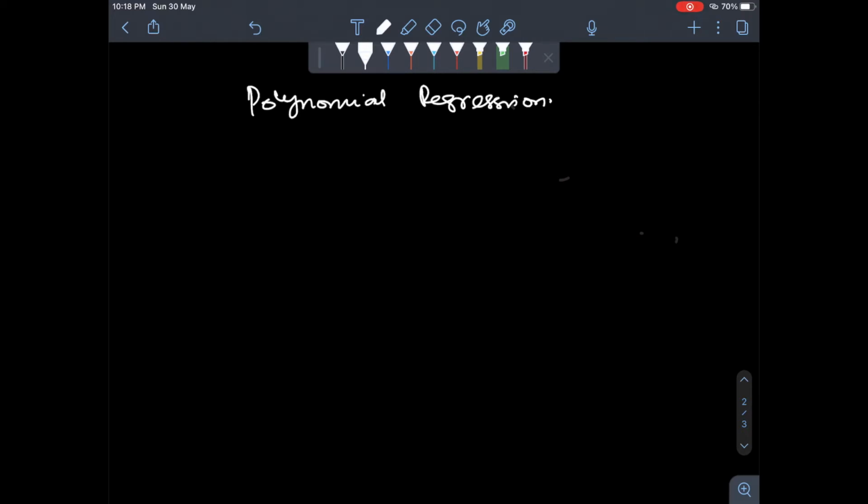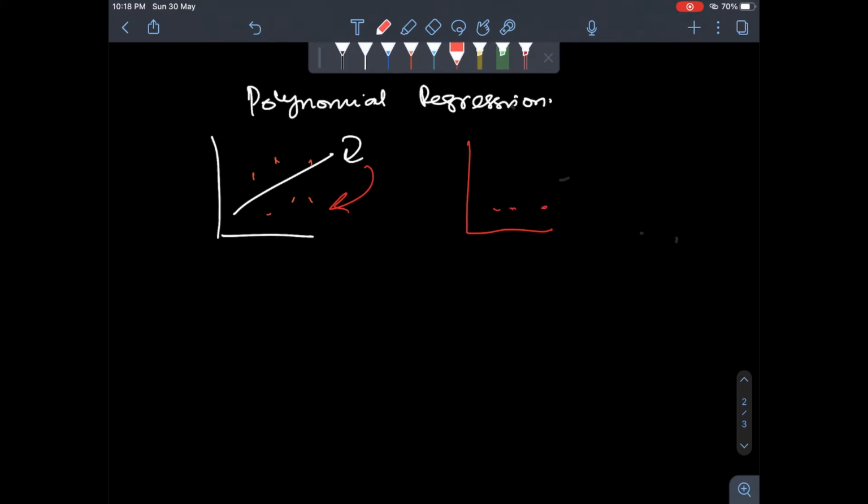Then we were doing linear regression, simple linear regression. What we did, we tried to find the line of best fit. So we try to find this line which is the best fit around this data, and we saw that this line approximates very perfectly. Now suppose that we have a data set that's not like this, but is something like this, or say something like this.